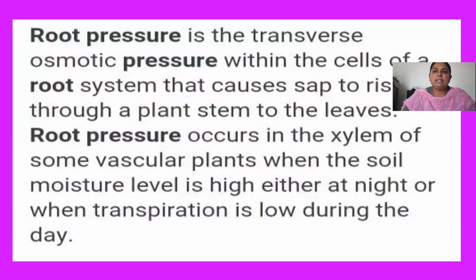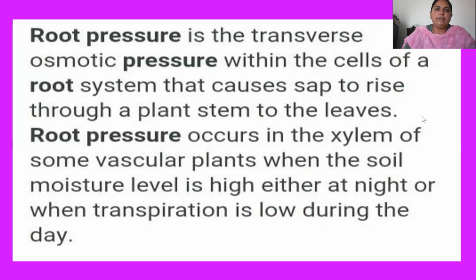Here I have written some important points about root pressure. See children, the root pressure is the transverse osmotic pressure within the cells of a root system, and that causes the sap to rise through a plant stem to the leaves.